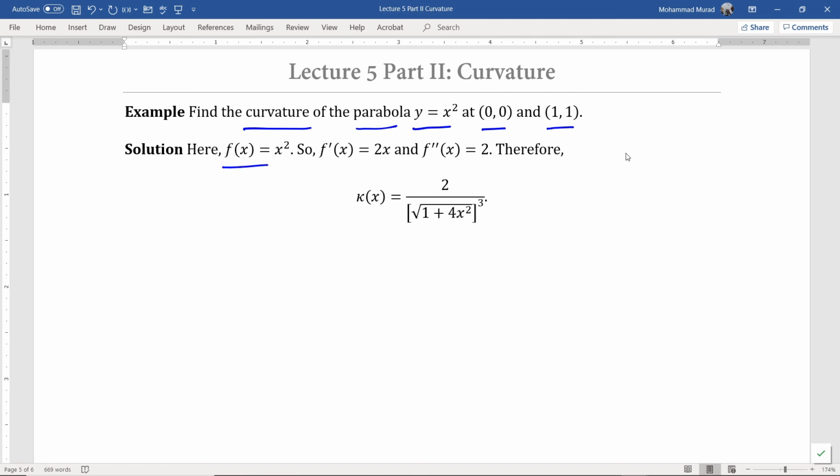Here f of x equals x squared, so f prime of x equals 2x and f double prime of x equals 2. Therefore, the formula for the curvature for a plane curve we just proved simply becomes this expression: 2 over the cube of the square root of the quantity 1 plus 4x squared.